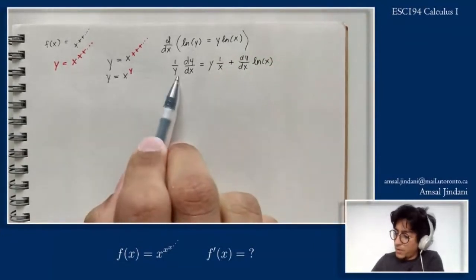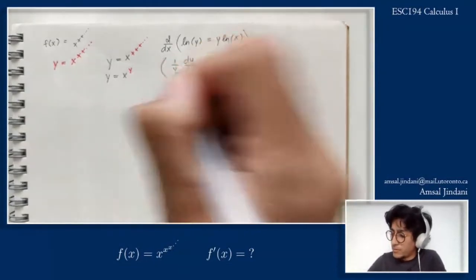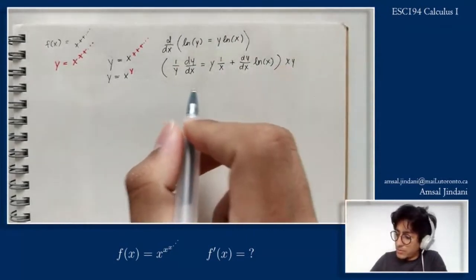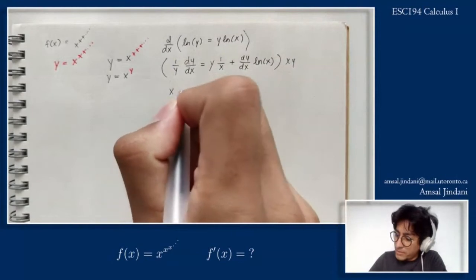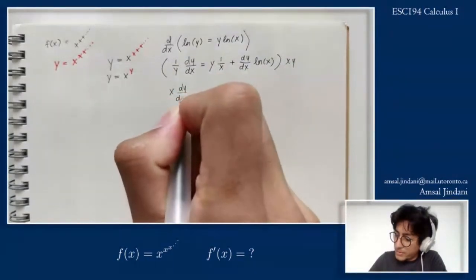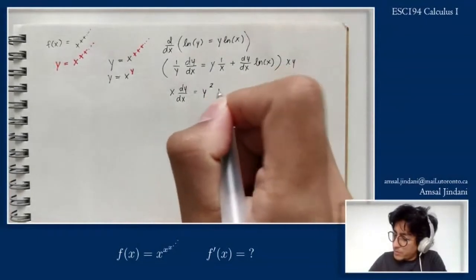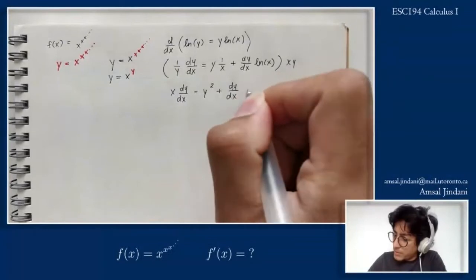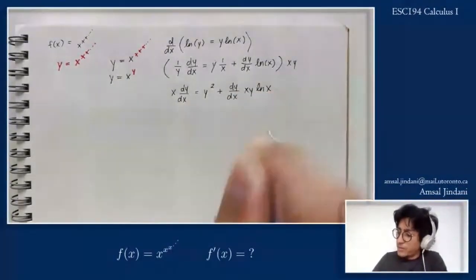I have 1 over y and 1 over x, so why don't I just multiply everything by x and y, just to get rid of these fractions. So on the left-hand side, I get x times dy by dx. This should equal y squared plus dy by dx times x, y, natural log of x.